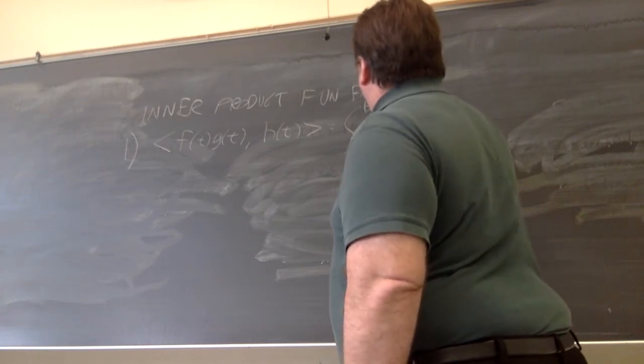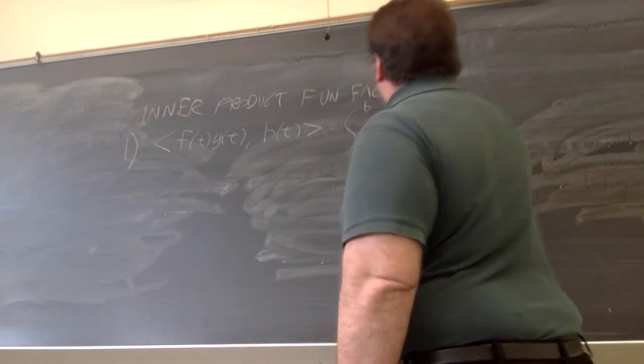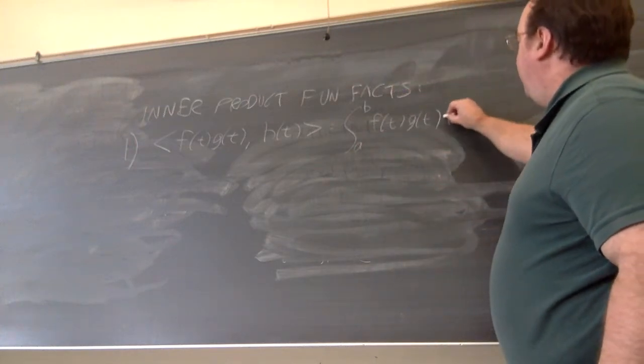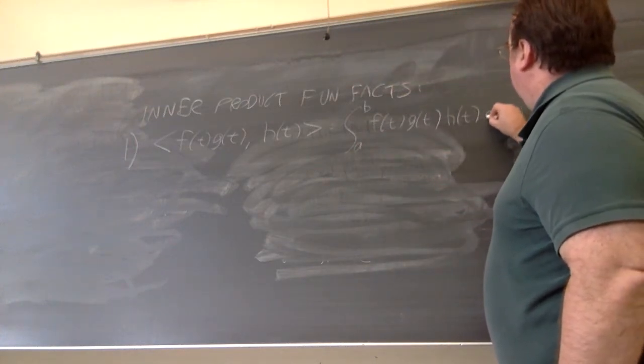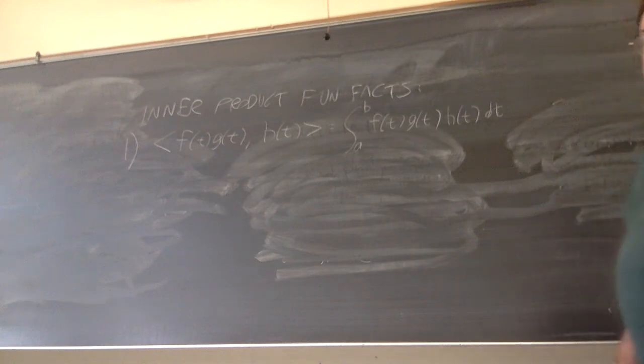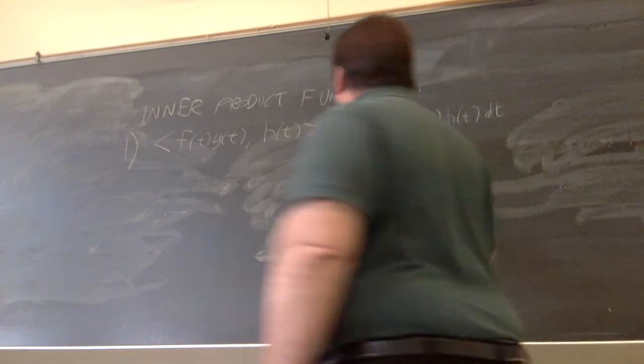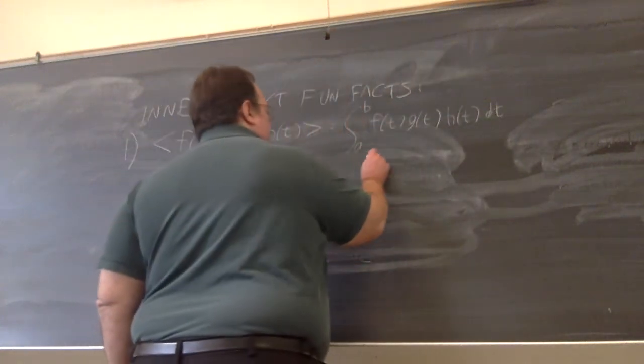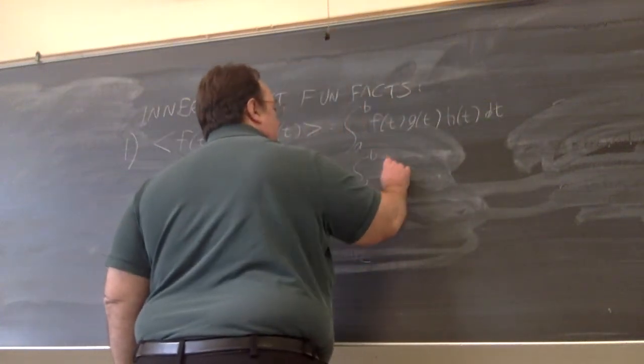If we write out what that is, based on the book's definition of inner product, h of t has to be conjugated. But all of these are multiplied, so we'll just use the fact that multiplication is commutative and associative. I can move things around within this product.